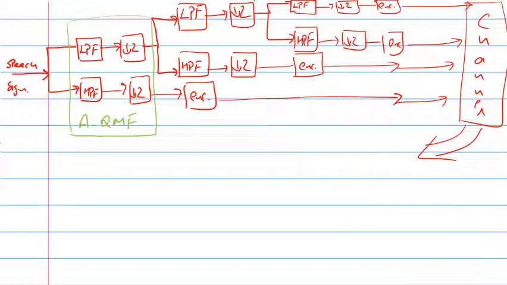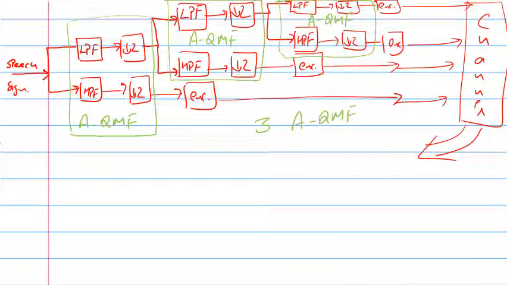This block can also be replaced with the analysis QMF. Again, this part can be replaced with the analysis QMF. So basically we need 3 analysis QMF filters for this case.